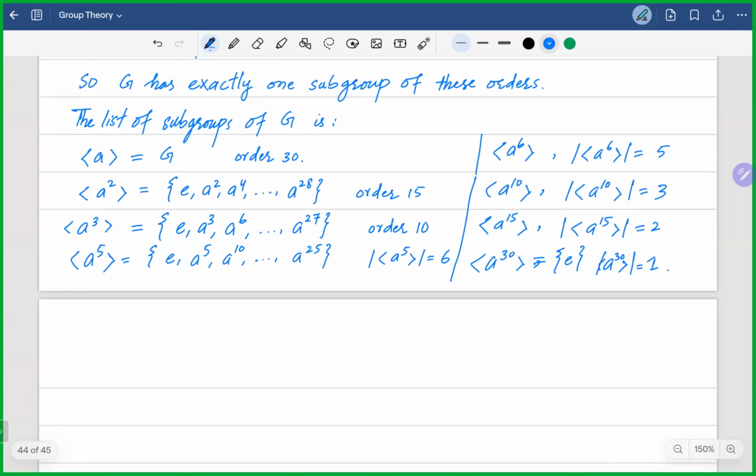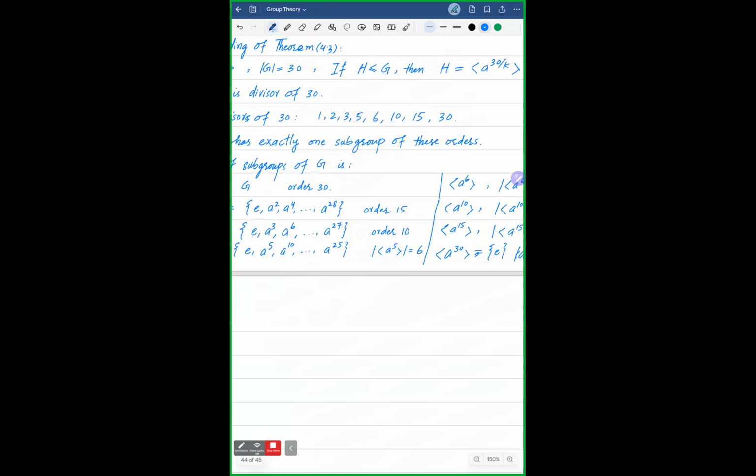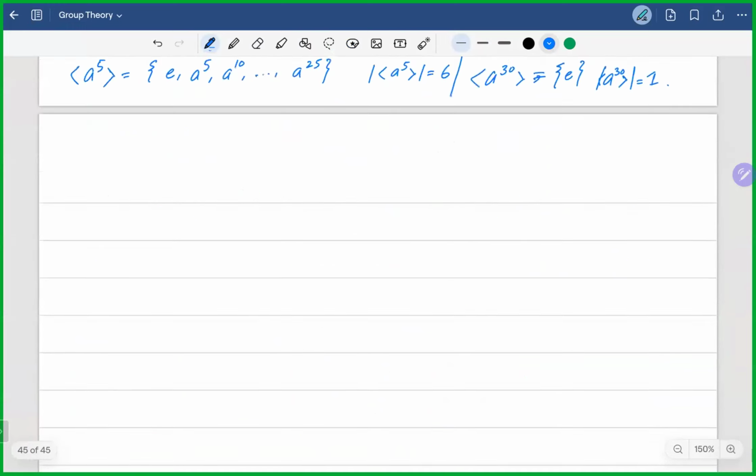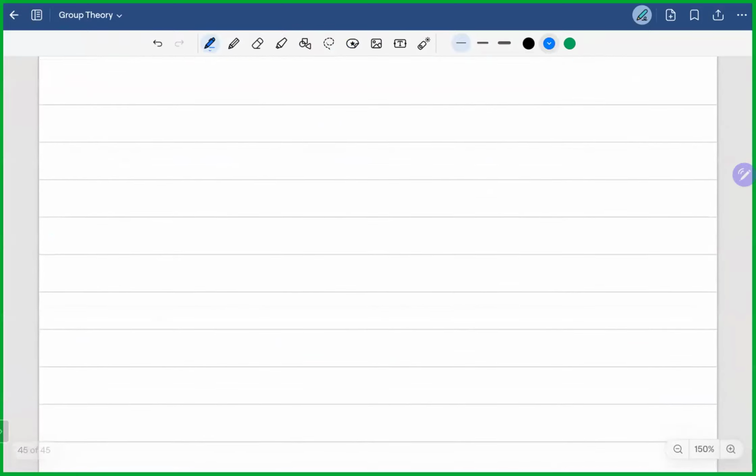Perfect. Now, in general, if A has order n and k divides n, then the set generated by A power n over k is the unique subgroup of order k. So that's what we are saying. Let's present the corollary.